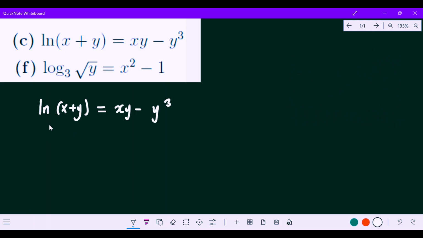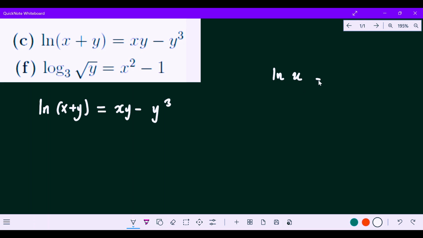We have two sides of the equation, the left-hand side and the right-hand side, and we're going to differentiate each one of them separately. Just a recap: how do you differentiate natural log of u?